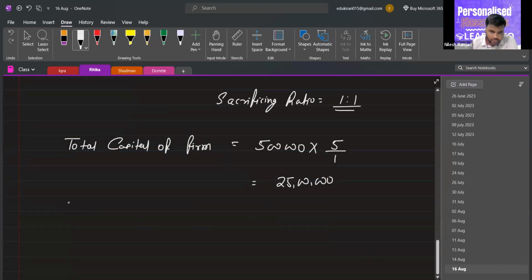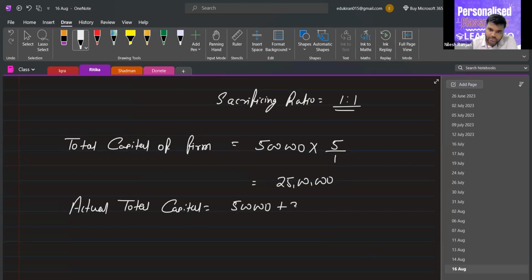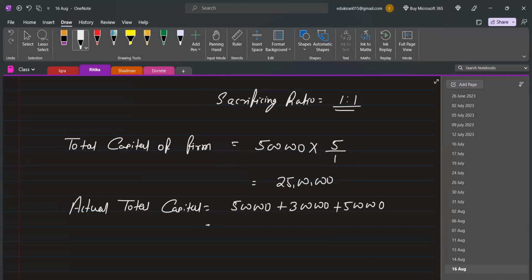And the actual total capital including C is 5 lakh for A plus 3 lakh for B plus 5 lakh for C. So the total is 13 lakh.